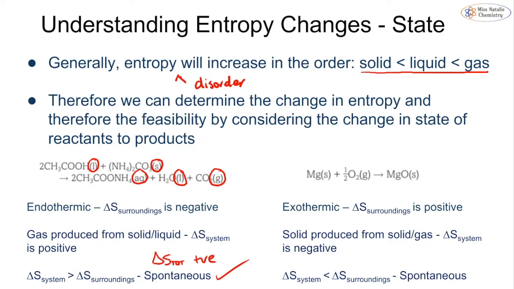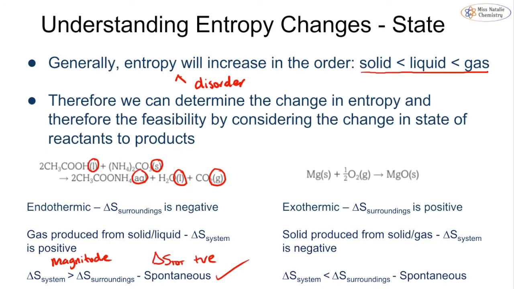So we're looking this time at the magnitude of these values. So although we've got one negative and one positive, the magnitude of the entropy of the system is so much larger than the entropy of surroundings that overall we get a positive total entropy.